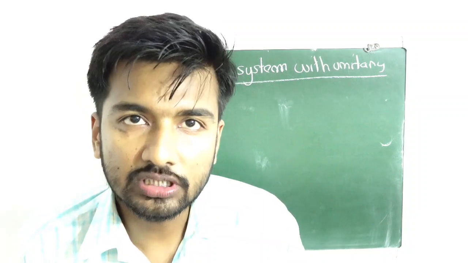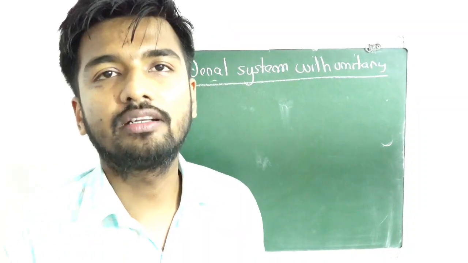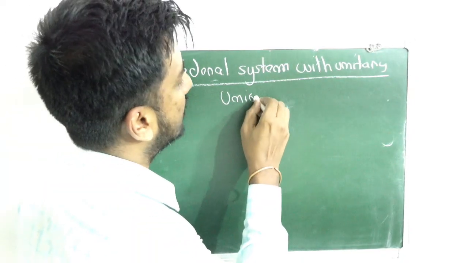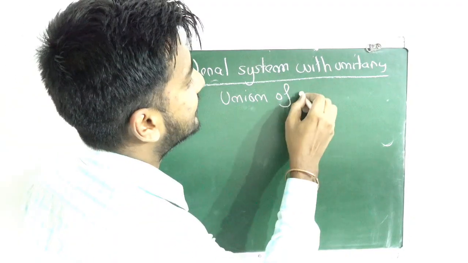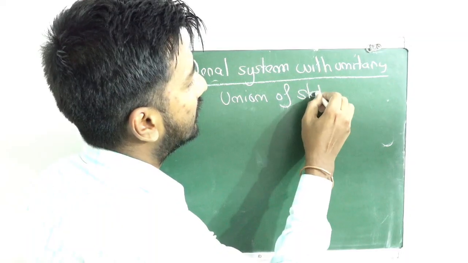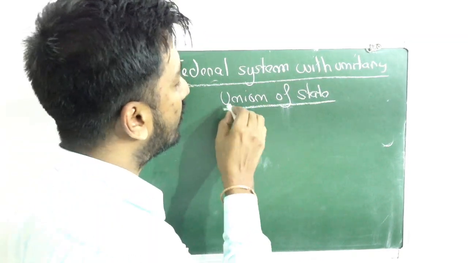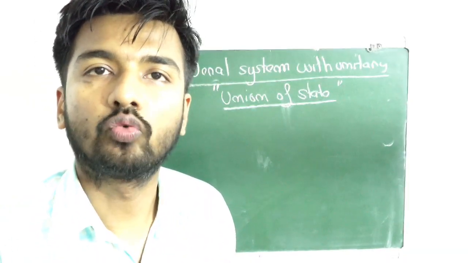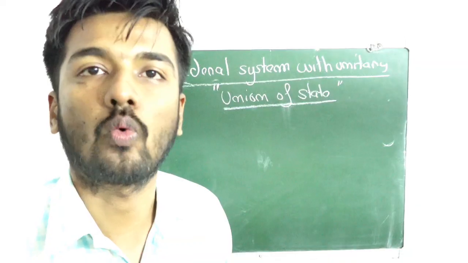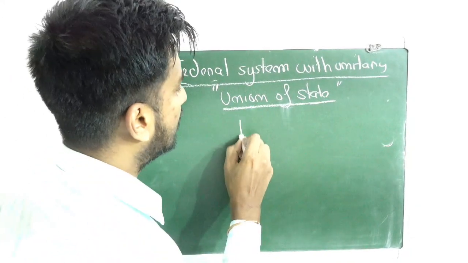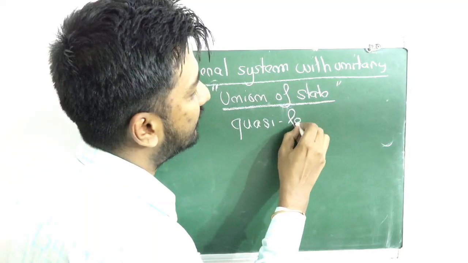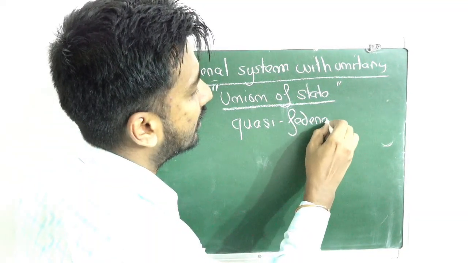In Article 1, it is written that India is a union of states. And due to this, India is not called a true federal country. It is known as a quasi-federal country.